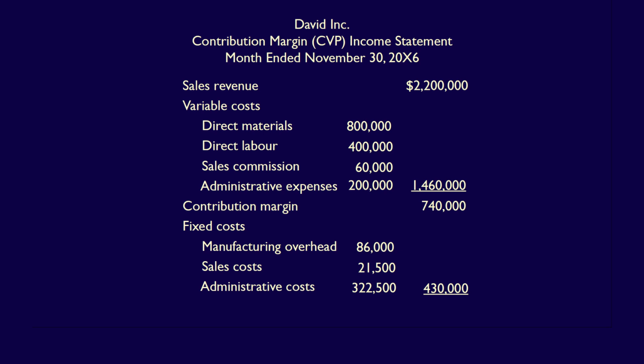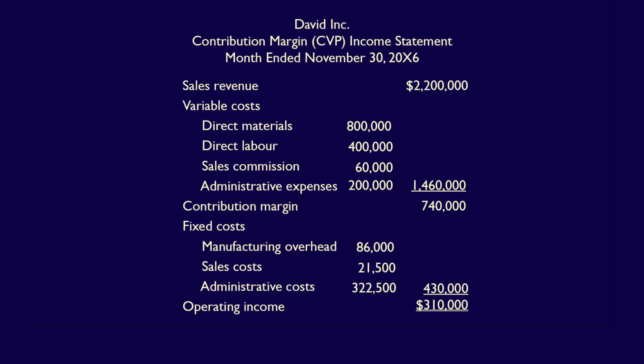Manufacturing overhead of $86,000, sales costs of $21,500, and administrative costs of $322,500. Total fixed costs are equal to $430,000. We can now calculate the operating income. Contribution margin of $740,000 minus total fixed costs of $430,000 is equal to the operating income of $310,000.